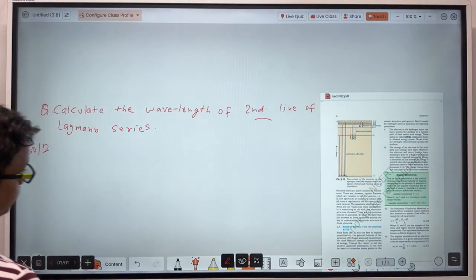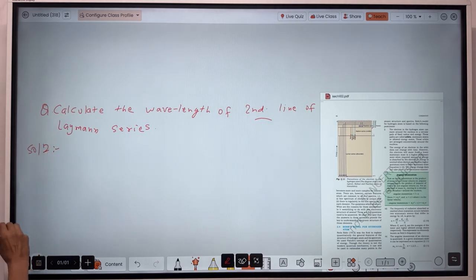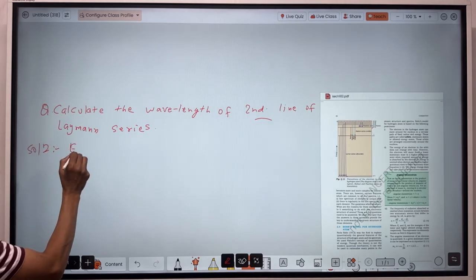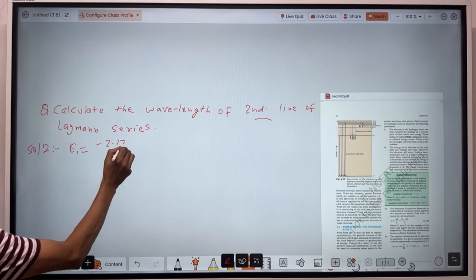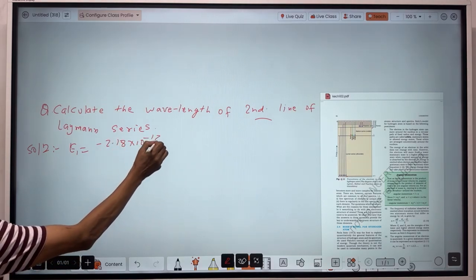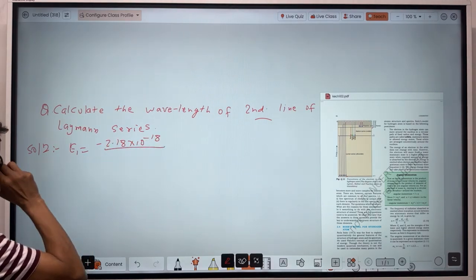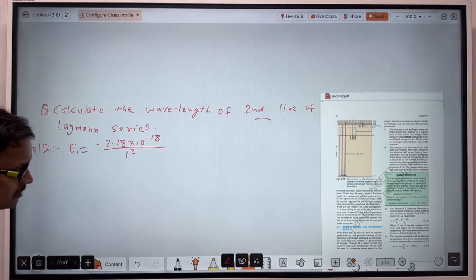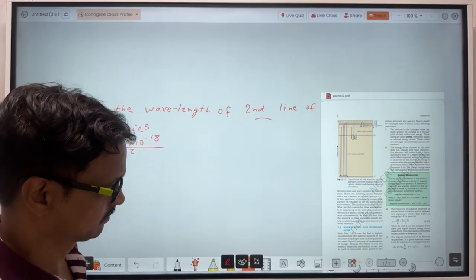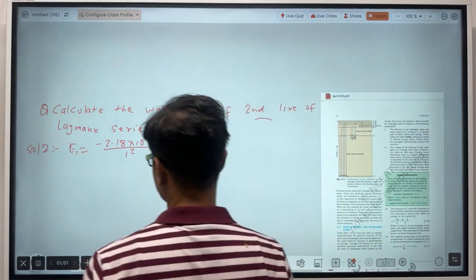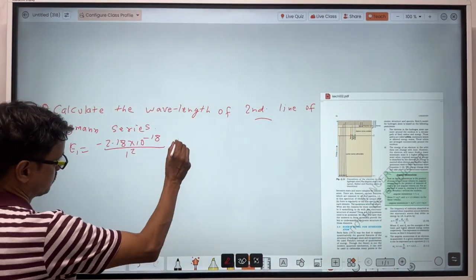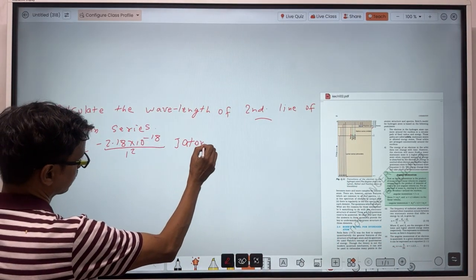So let's see firstly, when n equal to 1, the energy of the electron will be minus 2.18 into 10 to the power minus 18 upon 1 square, that much, in joule per atom.